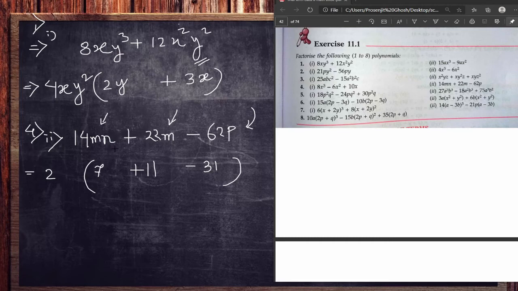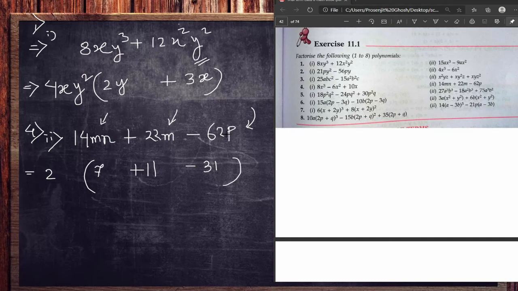That means all the terms do not have the same variable. So you can take out m from the first two, but for the third one it is not possible. And make sure only when it is possible for all three of them can you take it out. Otherwise you can't. So in this case we can't take out m.